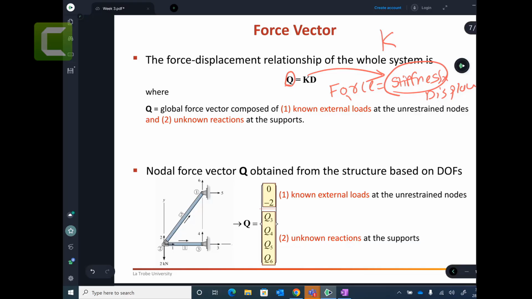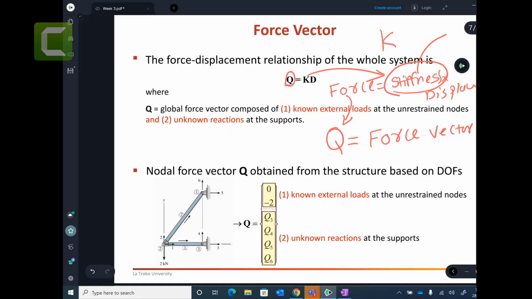Today I'm going to explain how you can get the force vector, which is represented by Q, and it is a vector, not a matrix. This is the stiffness matrix, but this is a vector. Vector means that you have only one column. That is the name that we are using.